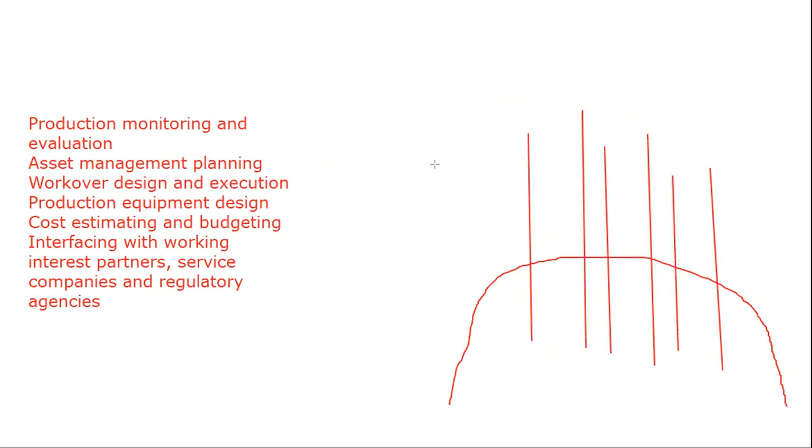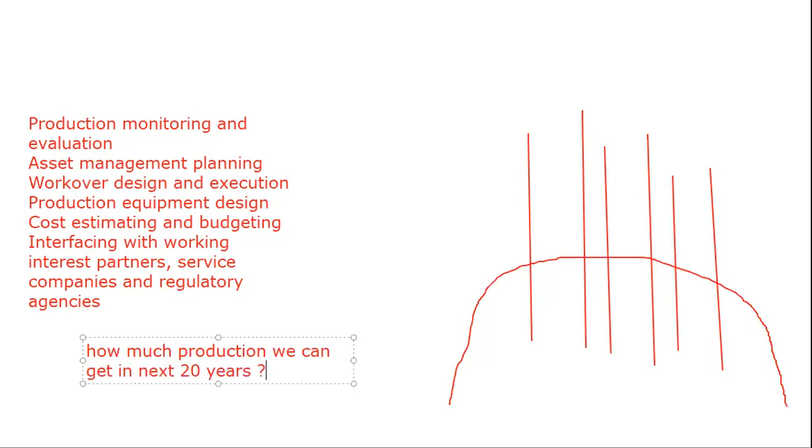Okay, now with 6 wells, the question can come here: how much production can we get in the next 20 years? How much are you expecting? This is something the production engineer must answer to the company. What we are talking about is oil. Okay, how much oil can we produce in the next 20 years?